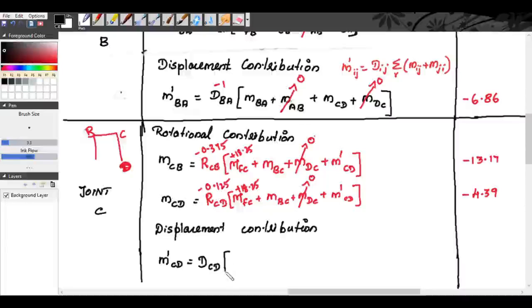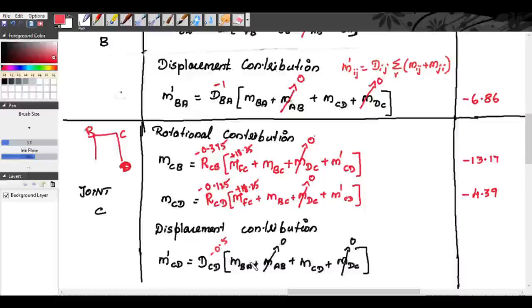Similarly, displacement contribution M dash CD will be equal to DCD, displacement contribution, into MBA plus MAB plus MCD plus MDC. So, these values are always 0. Displacement factor CD is minus 0.5.